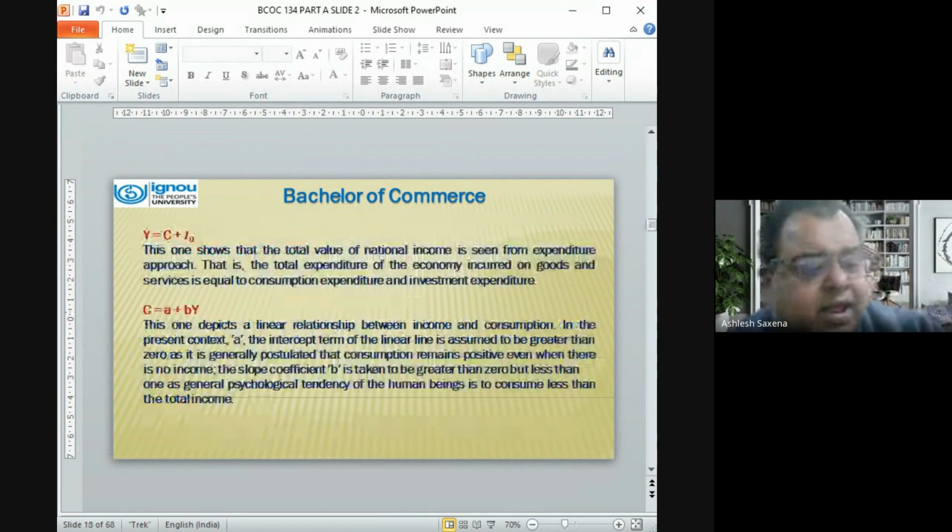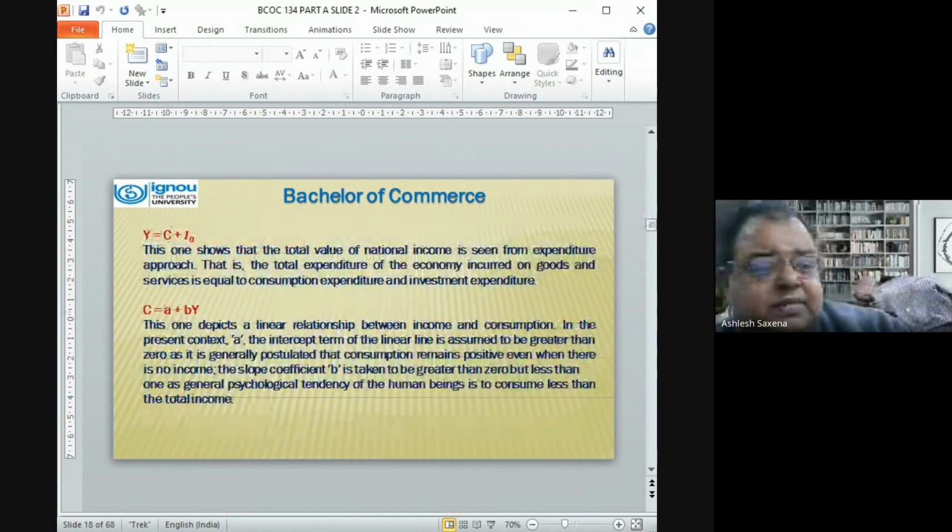Now Y is equal to C plus I naught. This one shows that the total value of the national income is seen from the expenditure approach. That is, the total expenditure of the economy incurred on goods and services is equal to consumption expenditure and investment expenditure.